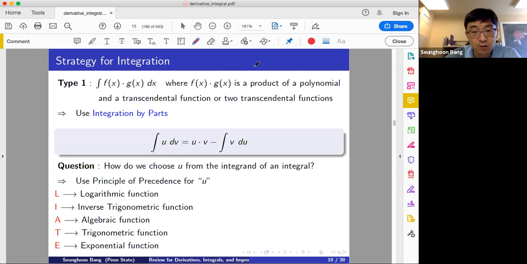Polynomial is just an algebraic function. This is algebraic function, including the square root of x, x to the 1/3, or something like that. T is the trigonometric function. E is exponential functions. The remark: we can interchange ln and I.